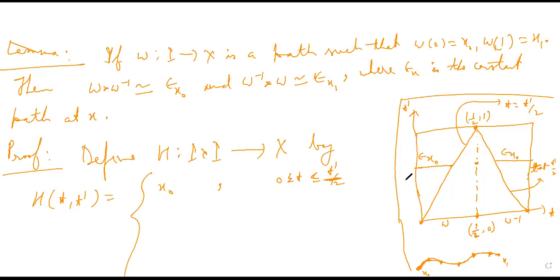Then next, in this portion, t is greater than or equal to t prime upon 2 and less than or equal to half. In this region, it will be omega.